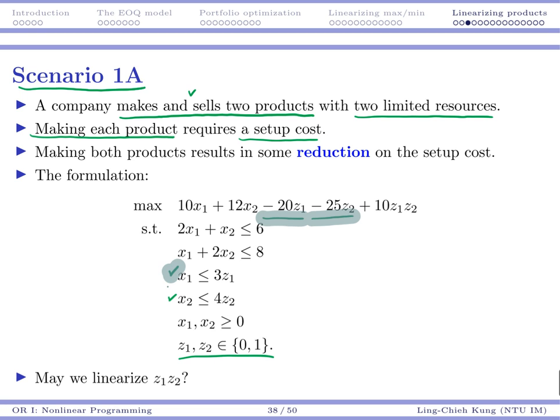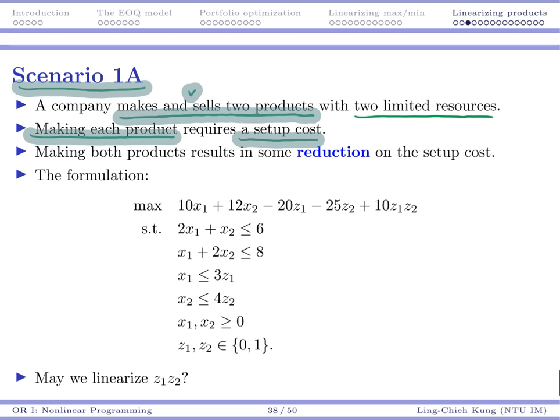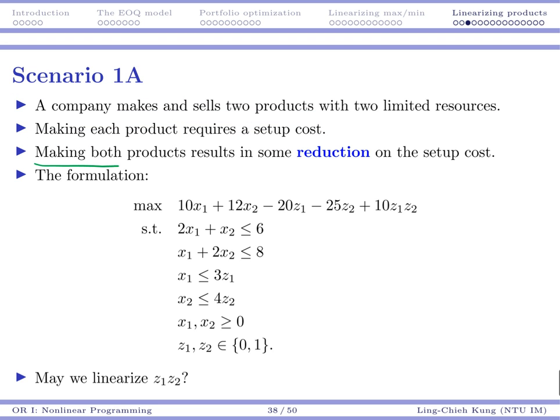Now the interesting part here is that making both products can actually save you some setup cost. So you have a factory. If you warm up your machine and hire some workers, wake them up, have them start to work, that takes $20. If you do that for product 2 only, that takes $25.